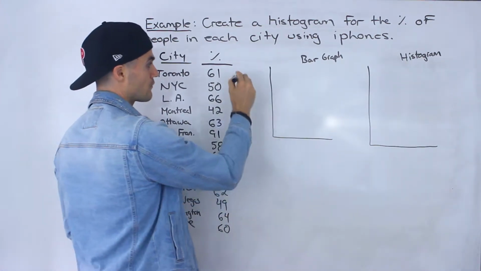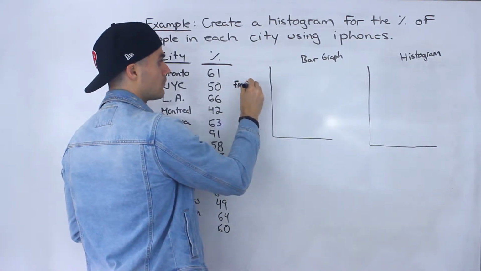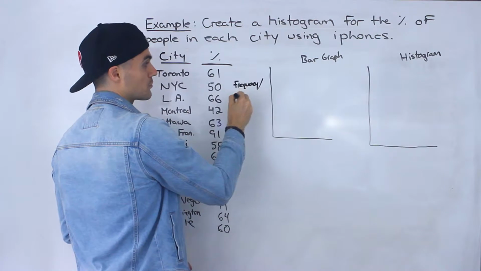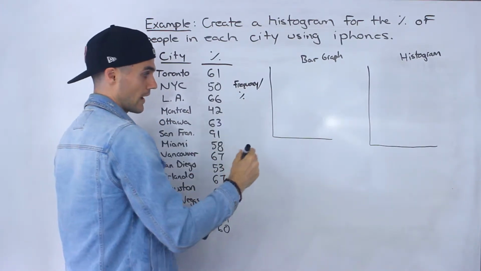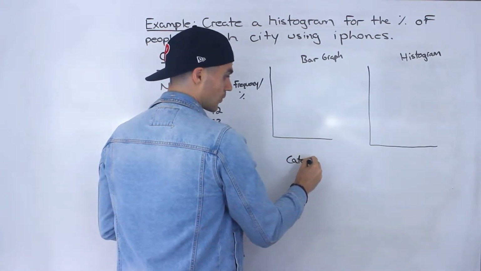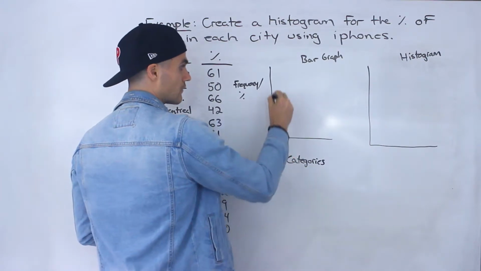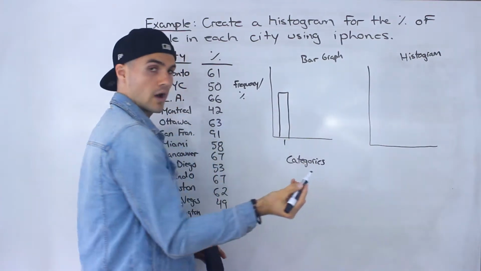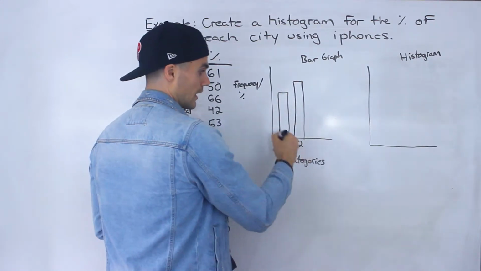So remember, a bar graph on the y-axis, we had the frequency, or the number of individuals, or the percentage of the individuals in the data we were analyzing that fell into certain categories. And we had the categories here on the x-axis. So we would have like category 1, whatever it was, then we had category 2, etc., etc.